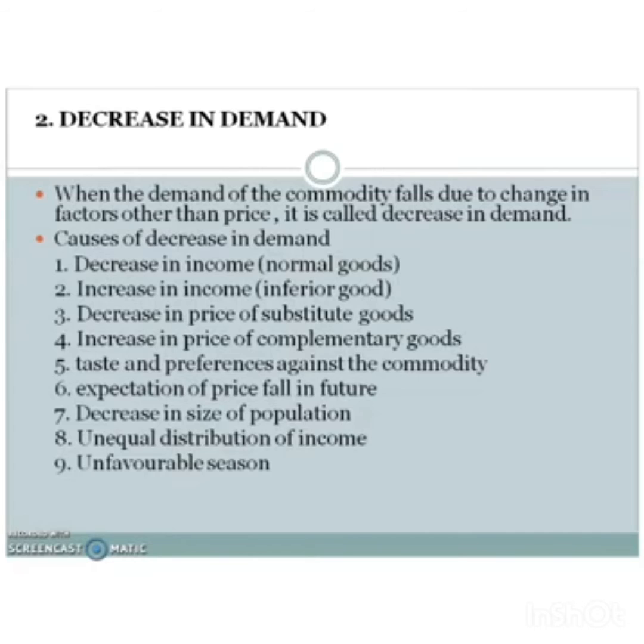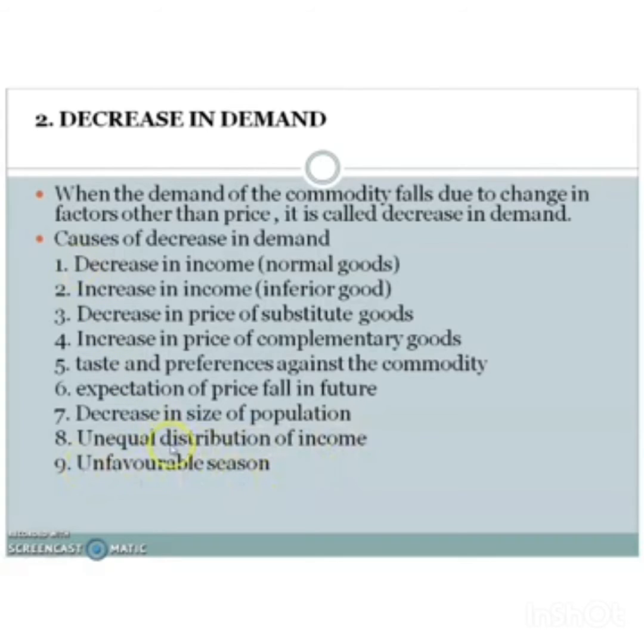What are the causes of decrease in demand? Decrease in income in the case of normal goods, increase in income in the case of inferior goods, decrease in price of substitute goods, increase in price of complementary goods, taste and preference against the commodity, expectation of price fall in future, decrease in size of population, unequal distribution of income and unfavorable season.